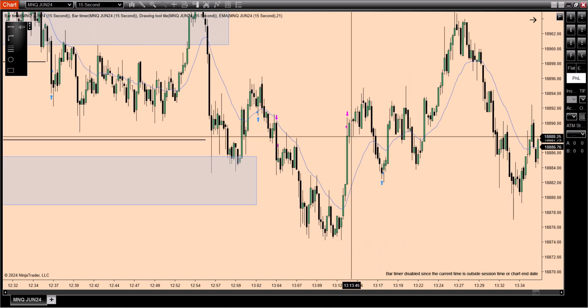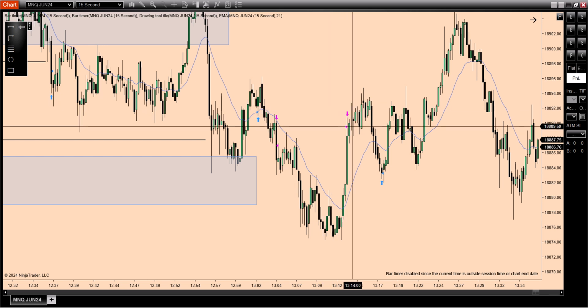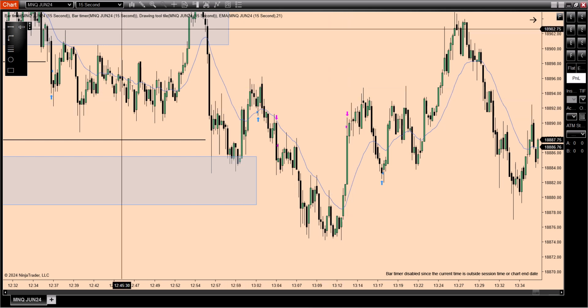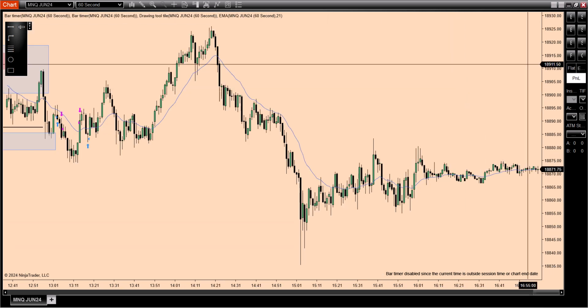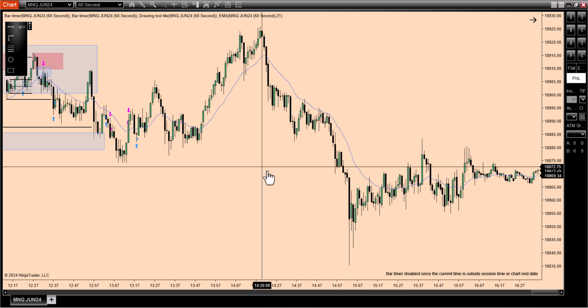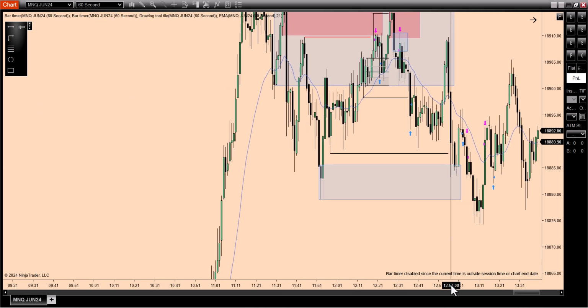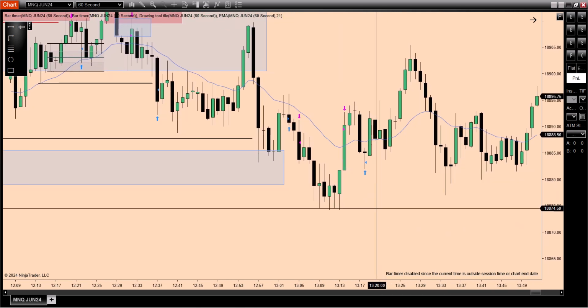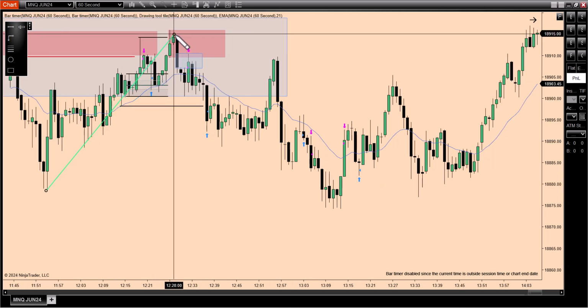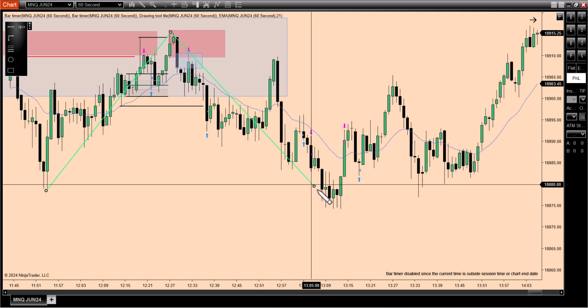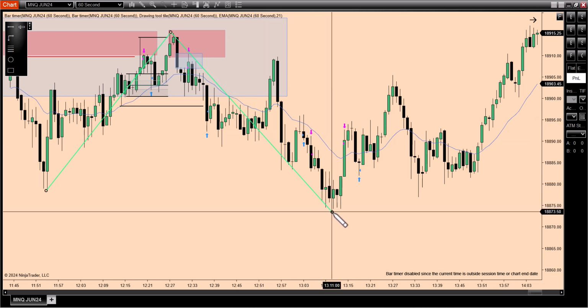Now let's move on to the last trade of the day. It was a winner, and basically it was based on the 60-second time frame, or the 1-minute time frame. It was a basic one, right? So from this low all the way to this high, and then all the way to this low, right?